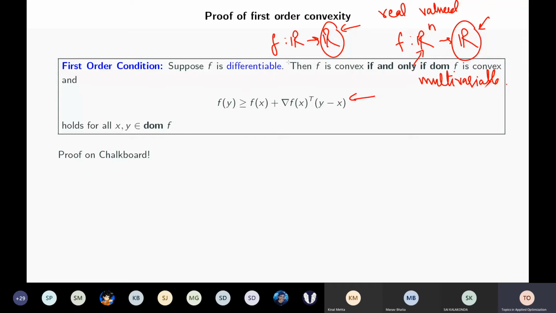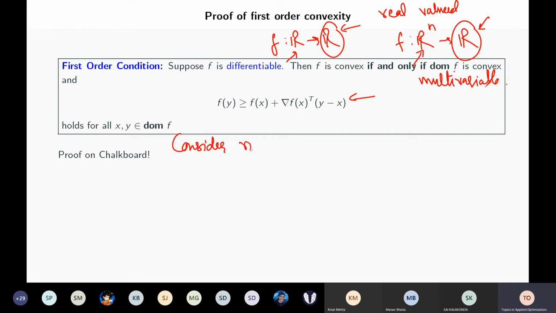This is a single variable real valued function. This is a multivariable real valued function. And if the output was also R^m, then we would say multivariable multivalued function. But for most of the cases you will see in this course, we will stick to R here.